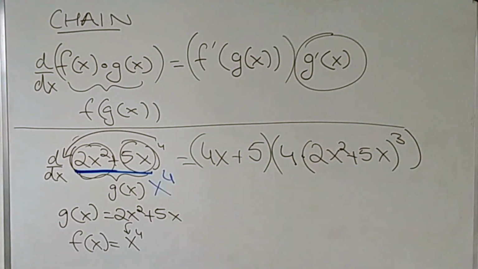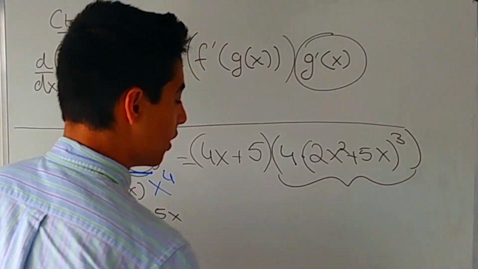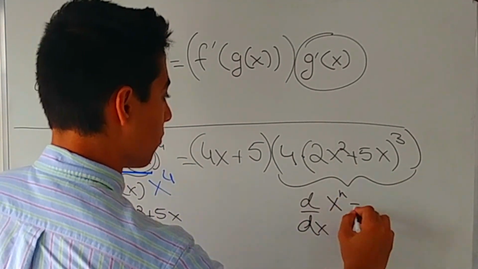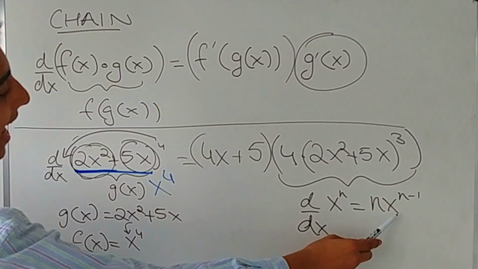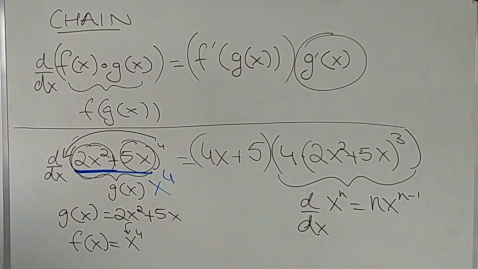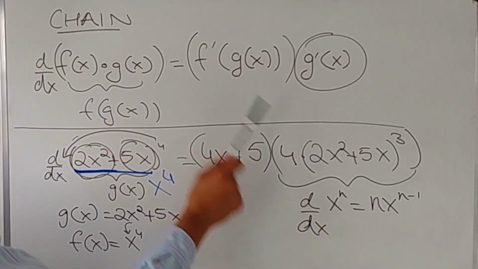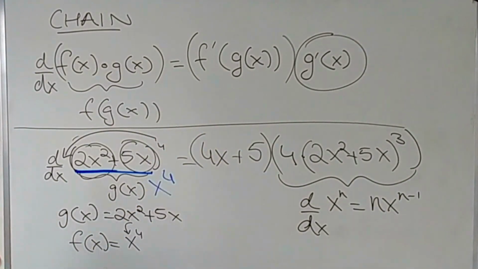Well, how did I get that? Taking x to be this entire function over there, I simply brought down the 4, and 4 minus 1 is 3. So I can say that this, which is g prime of x, multiplied by that, which is this over here, equals the derivative of this.